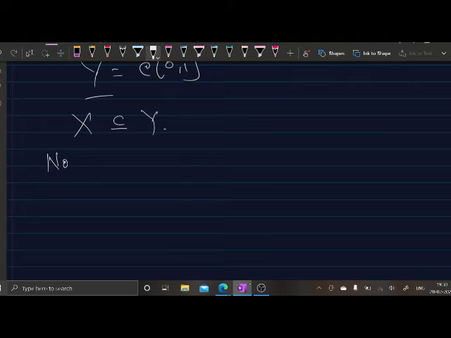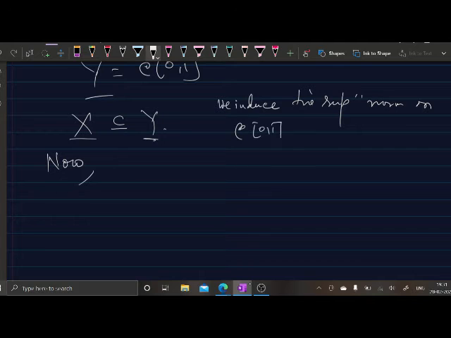Now these are two normed linear spaces. So we induce the sup norm on C[0,1], and since X is a subset of Y, you can induce the same norm over X also.